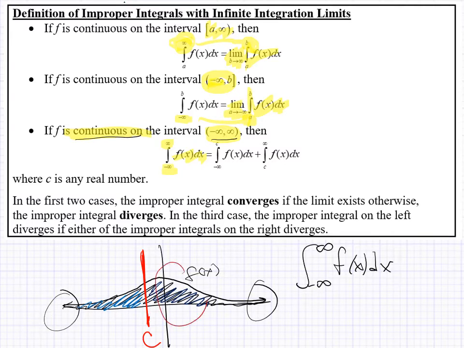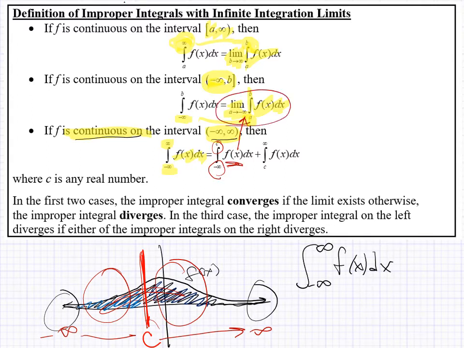And this area would be from some constant to infinity. This area would be from negative infinity up to some constant, in which case, if I find these two areas, I could then add them together, and that would give me the total area. So I'm going to split it at some random location C, and I'll do the integral from negative infinity to C of f of x dx, which will be able to be evaluated using this method.